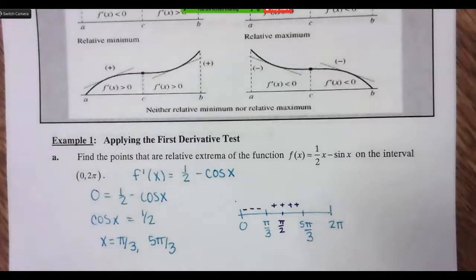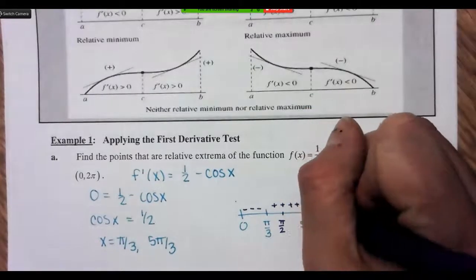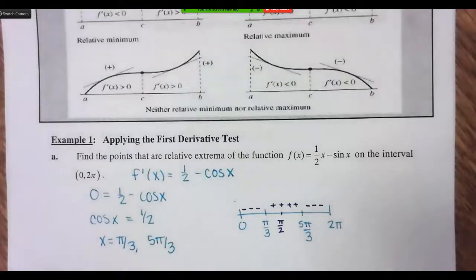The cosine of 11 pi over 6 would once again be like the cosine of pi sixths, but it's in quadrant 4, so it's positive: root 3 over 2. So 1/2 minus root 3 over 2 is like 1 minus root 3, which is negative. So negative over positive gives you a negative.